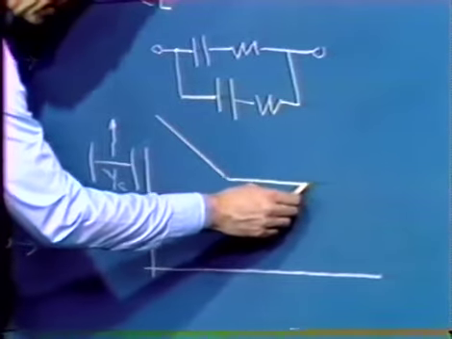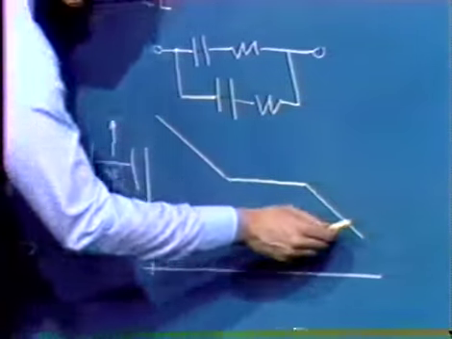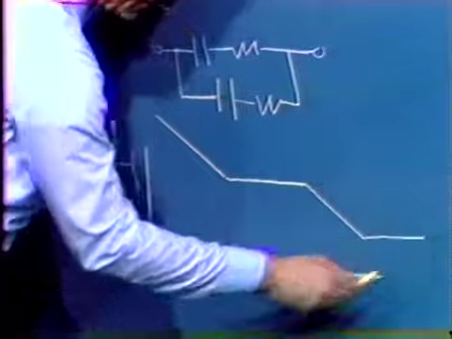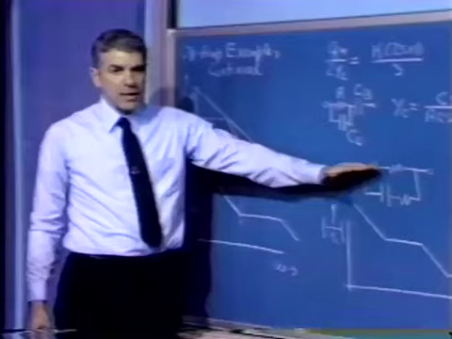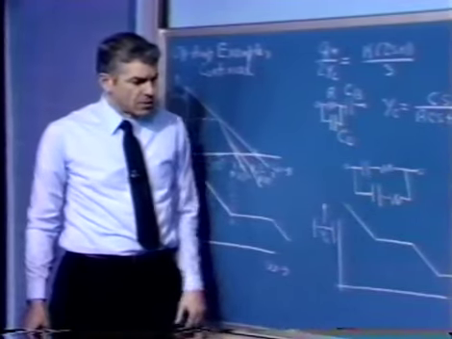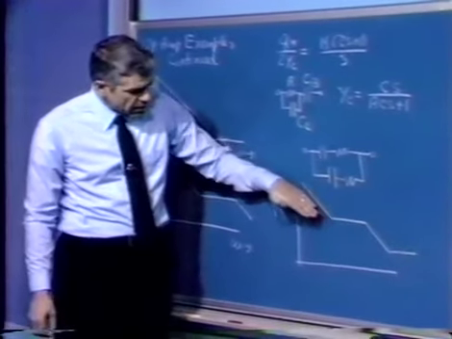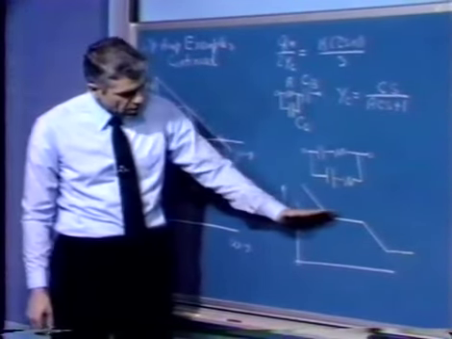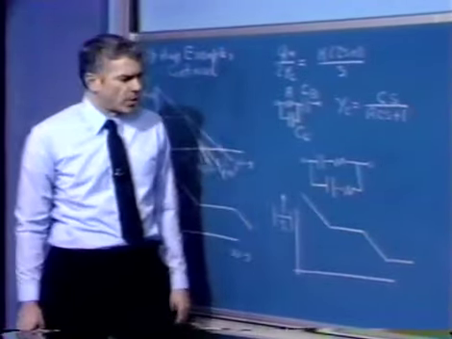And the net result there might be to give us another region of 1 over s roll-off, and then another flat region. And I think now you can see what we might do. We continue to build up our network with parallel RC chunks, and the result on 1 over YC is to have a 1 over s roll-off, a flat region, a 1 over s roll-off, a flat region, and so forth.